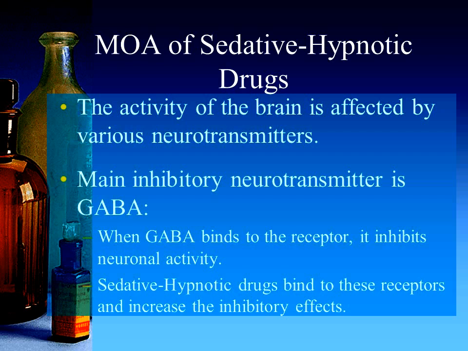The medications called sedative-hypnotic drugs bind to those GABA receptors, and therefore they increase inhibition of the cells. So the neuron cells cannot become as excitable.